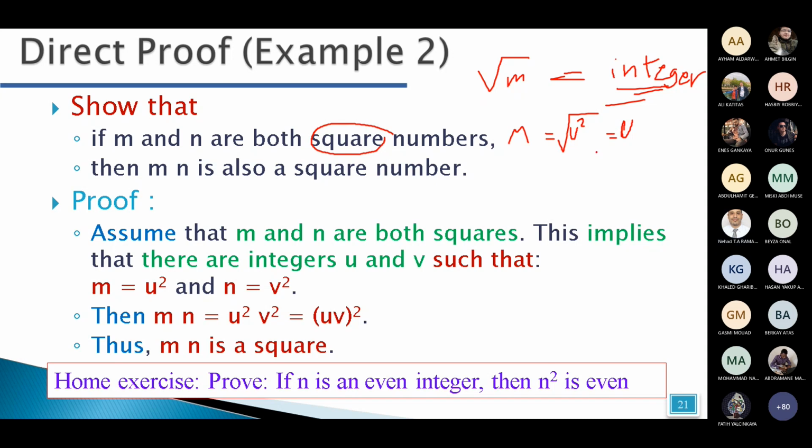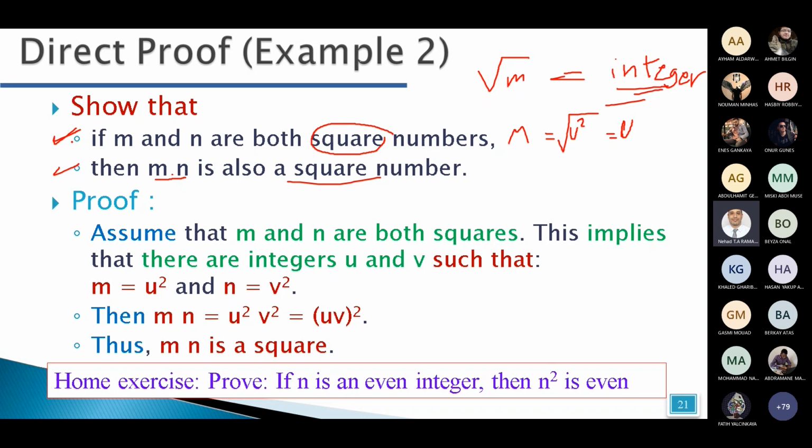So this is the assumption: m and n are both square numbers. Then mn, meaning m multiplied by n, is also square. So these are the premises, and this is the conclusion. We need to prove this.